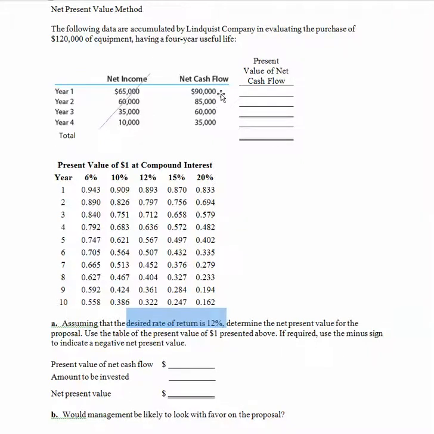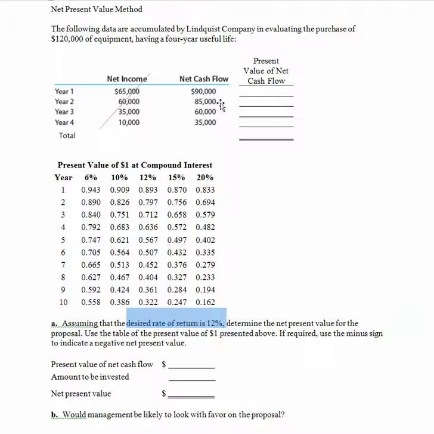So this equipment, we are expecting to do one of 2 things: either save us $90,000 in the first year, or make us $90,000 in cash in the first year, and that is after subtracting any costs to maintain the equipment, for example. It's the bottom line. After 1 year, we expect this equipment to save us or make us an extra $90,000.